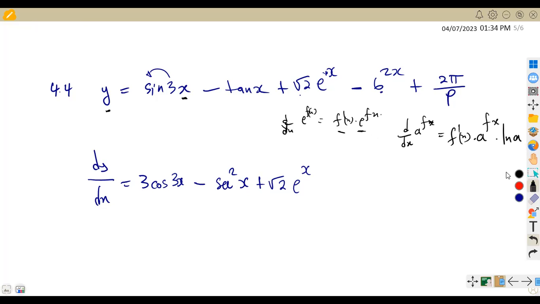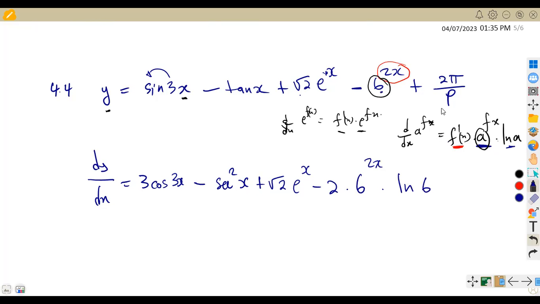But for this one, we can't leave this. Okay, so here, this is our f of x, which is 2x. So the derivative of 2x is going to be 2. So that's minus 2. a to the exponent of f of x, where we do not have a constant, so it is going to be 6 to the exponent of 2x times ln a. So it's times ln. Our a is the base in this case, which is 6. So this is going to be ln 6.